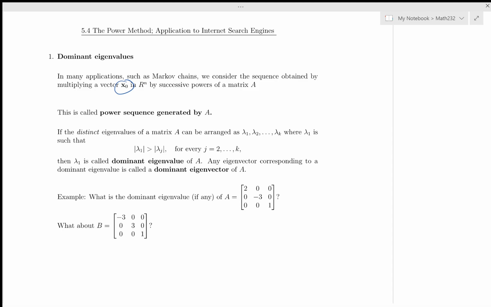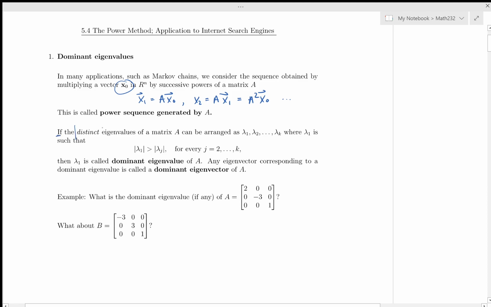So we had x0, and then we computed x1 as A times x0, and then we computed x2 as A times x1, which is in fact A squared x0. And we could continue like that. Under certain conditions, this converged to a particular vector. And we called this the power sequence generated by A.